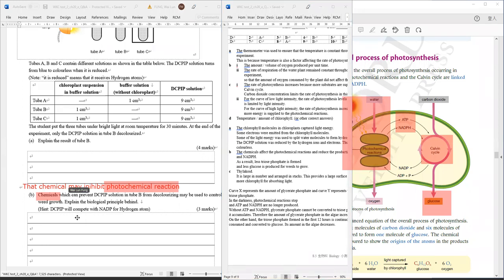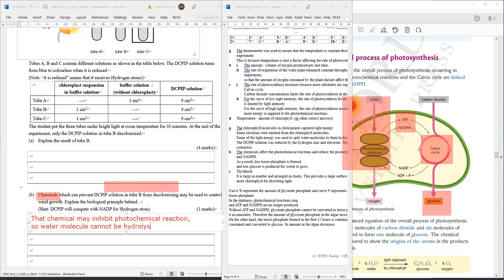Okay, you can say that the chemical may inhibit the photochemical reaction, so the water molecule cannot be hydrolyzed, so NADPH cannot be formed.